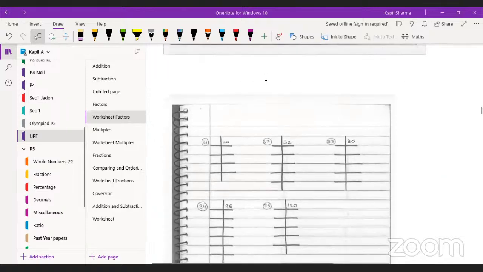Okay, we have few more. Let's finish this quickly. Okay, Swastik. Yeah, 24. Okay, Revat. Now 32 is 2 to the power 5. Okay. Next 80.